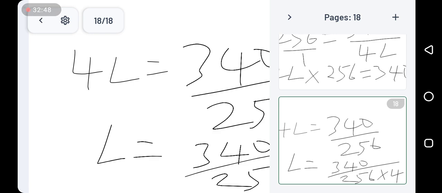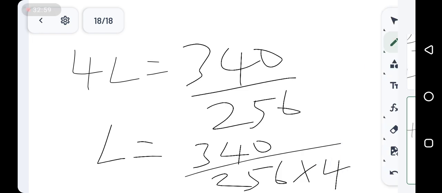And in each of them, we have different formulas for calculating the length of the pipe. For open pipe, depending on the frequency and the speed of the sound produced, we can calculate the length of the pipe.